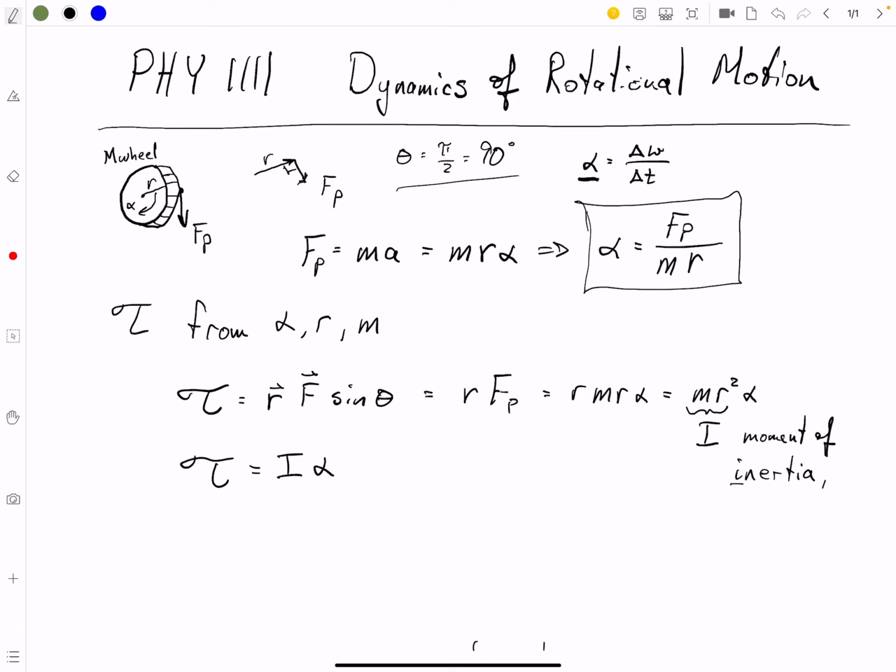So that is our moment of inertia. Now, we've talked about it a little bit in class, I just want to reiterate. When we're dealing with forces, force is mass times acceleration. This is our inertia.